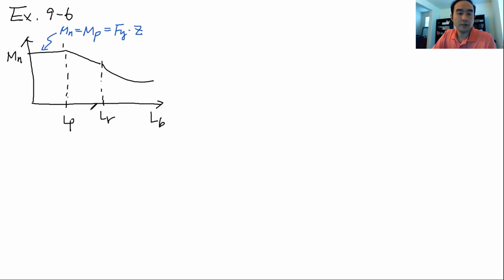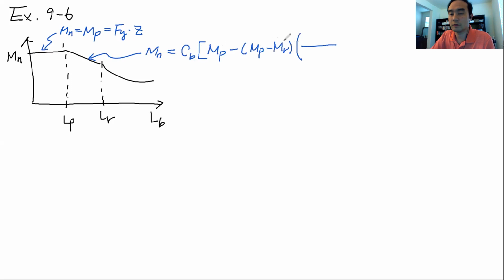If L sub b is between L sub p and L sub r, we have a different equation for Mn, which looks like this: Cb times Mp minus (Mp minus Mr) times (Lb minus Lp) over (Lr minus Lp).